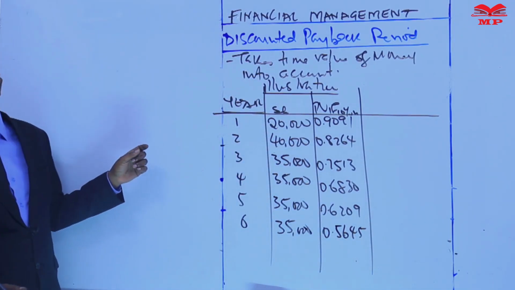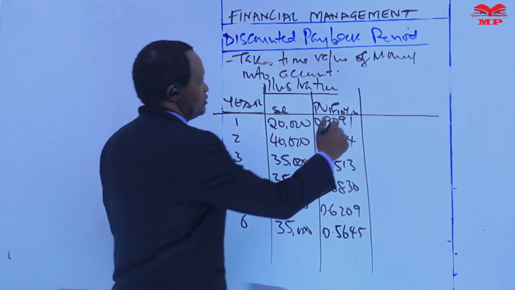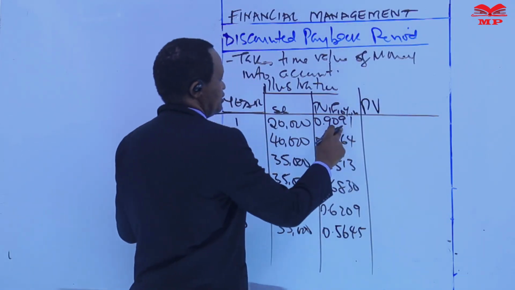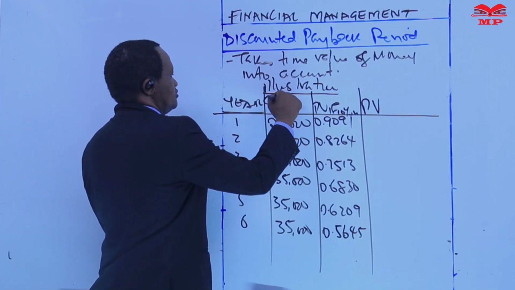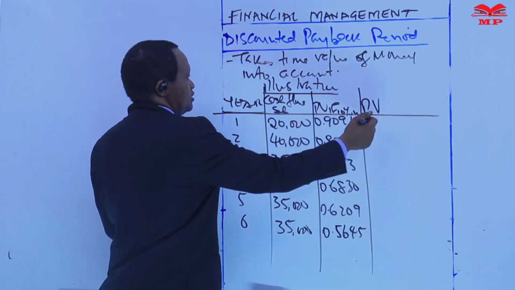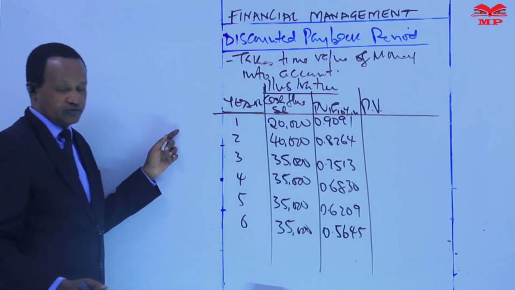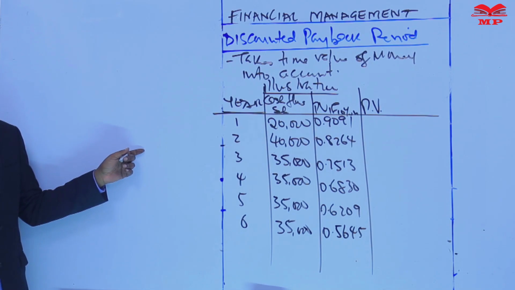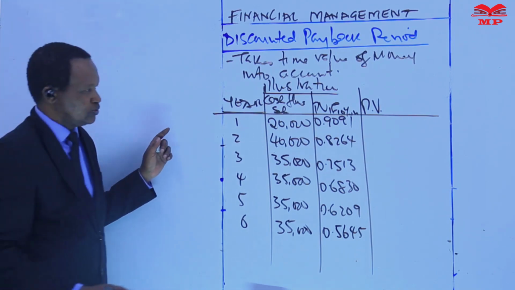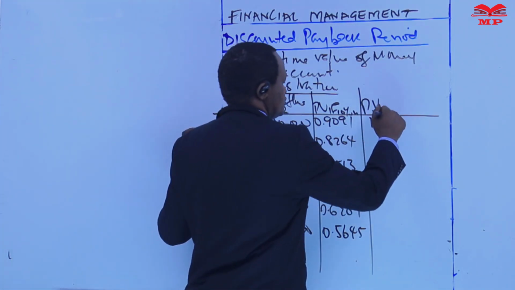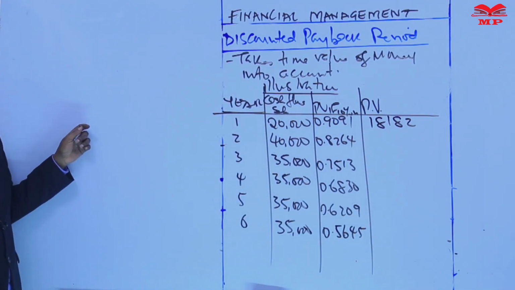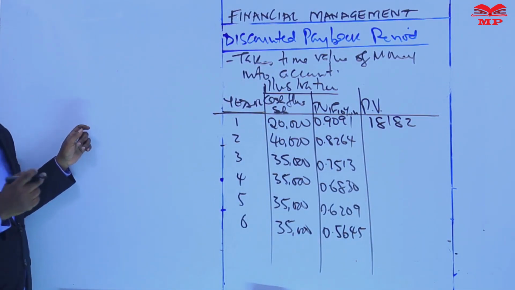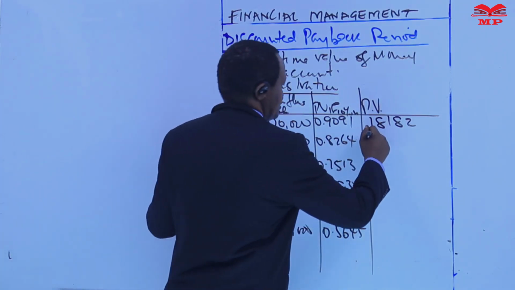Then what are the present values? Multiply the factor by the cash flows. Let's have the present values. Year 1, 18,182. Year 2, 33,056.